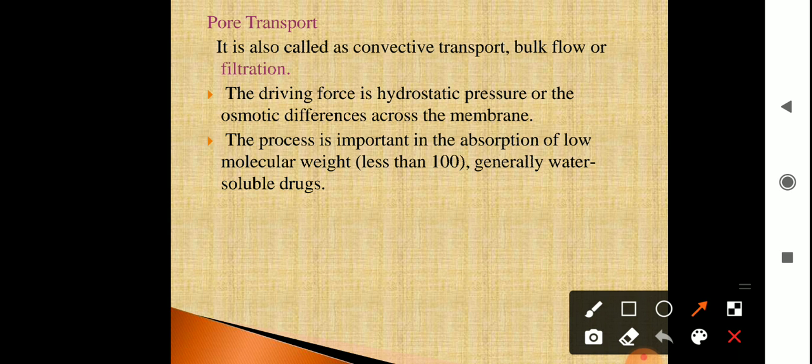The driving force is hydrostatic pressure or the osmotic difference across the membrane. This process is important in the absorption of low molecular weight, generally water soluble drugs. In this process, water soluble drugs can be absorbed by this pore transport process.